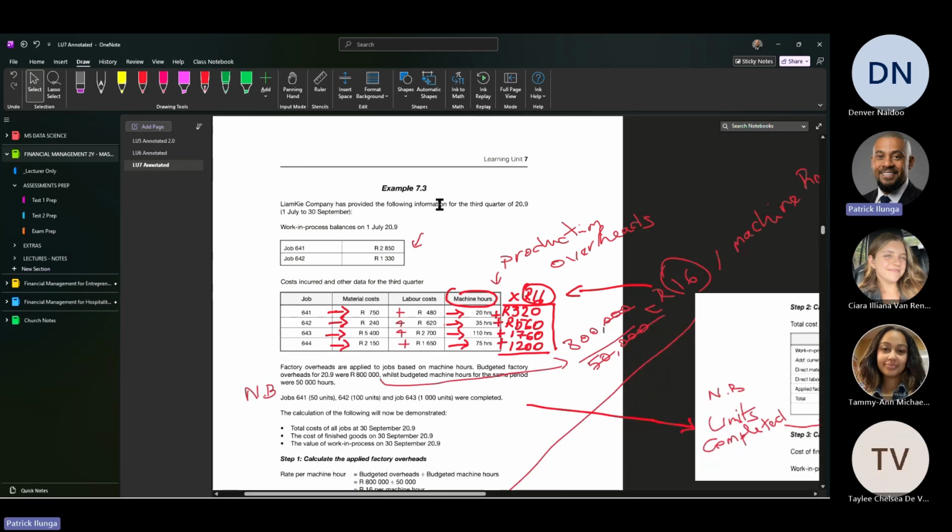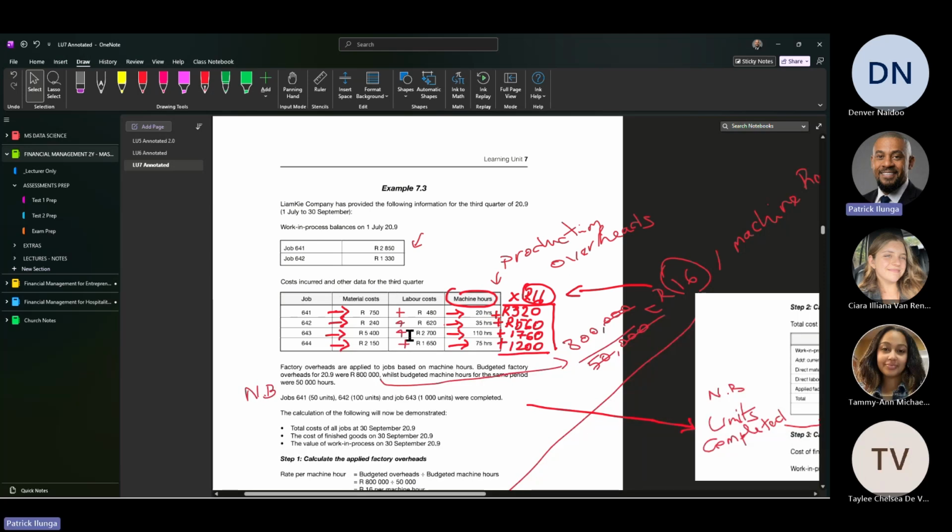So remember again, on the actual paper, I just wanted to show you, you will see, okay, work in process balance, 1st of July, they provided you this. When you see balance on the 1st of July, you know that this is the opening balance. This came from last term and was not completed. So work in process, meaning that they didn't complete the jobs. These 2 jobs were not completed.